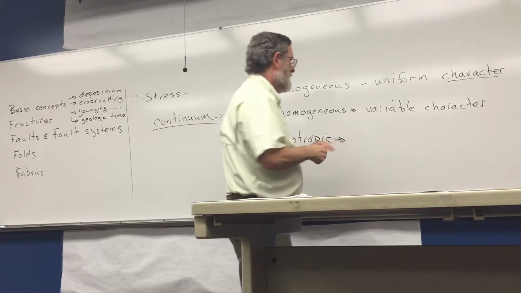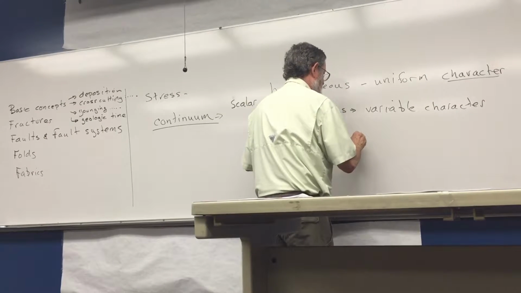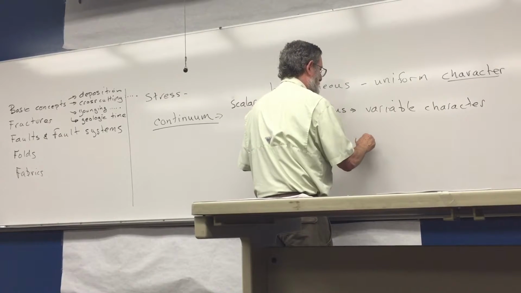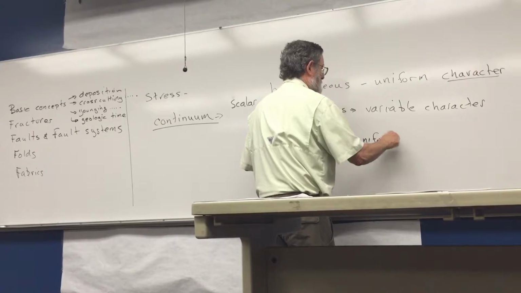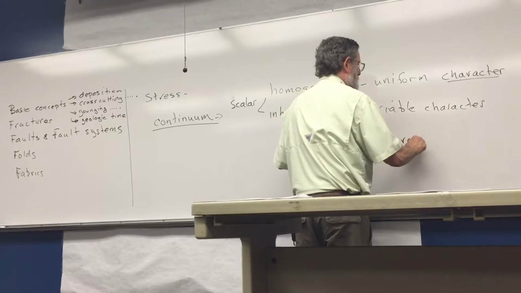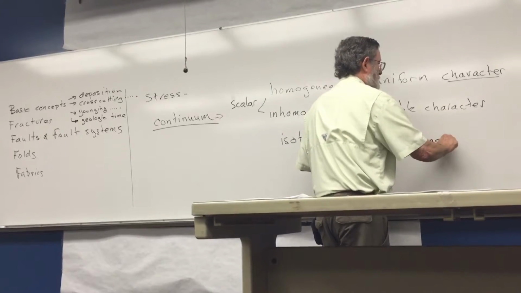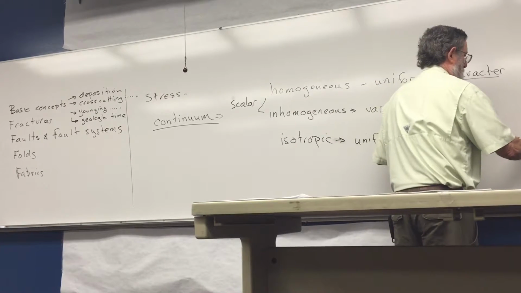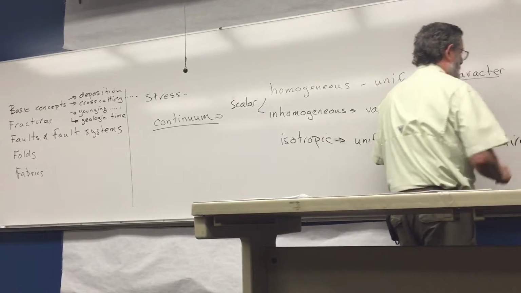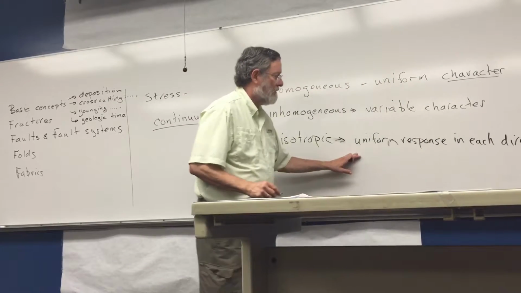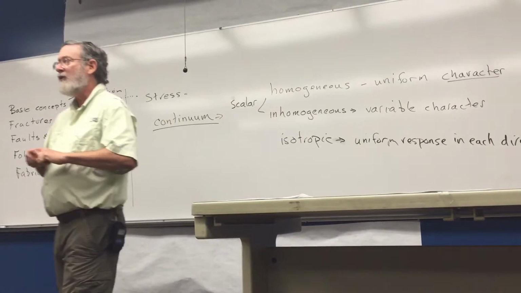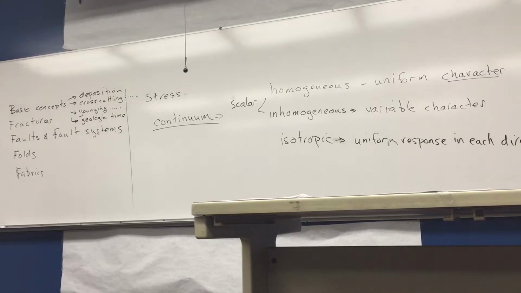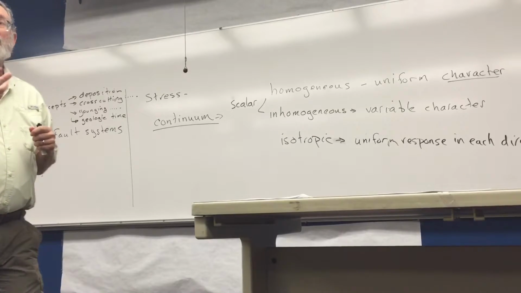So here we have a response, a uniform response. So something that is isotropic will have a uniform response in each direction. Here we might want to superimpose some sort of coordinate system.